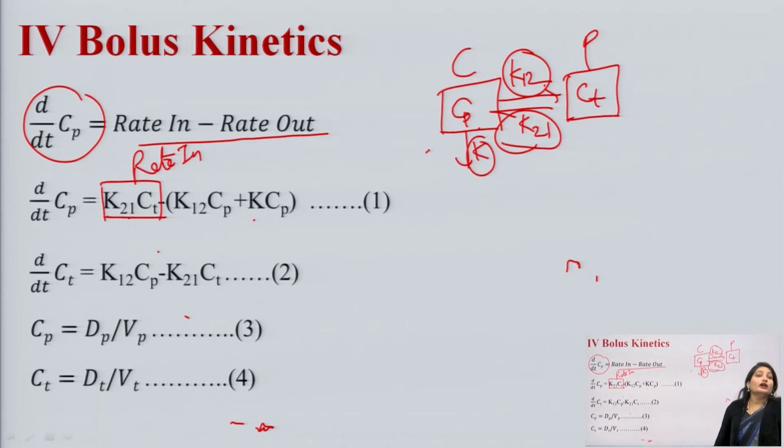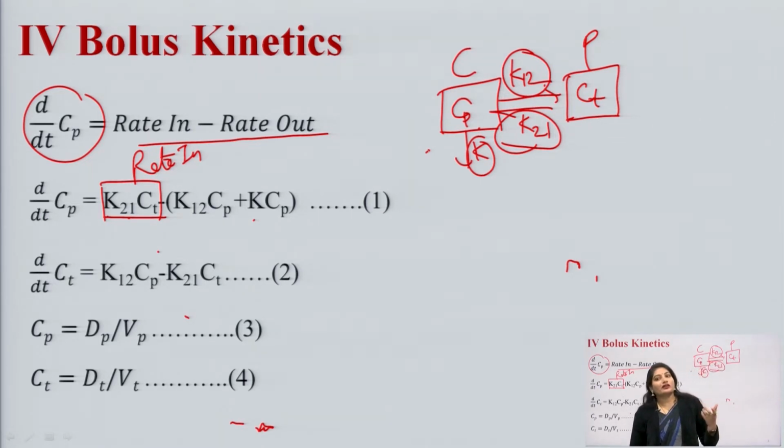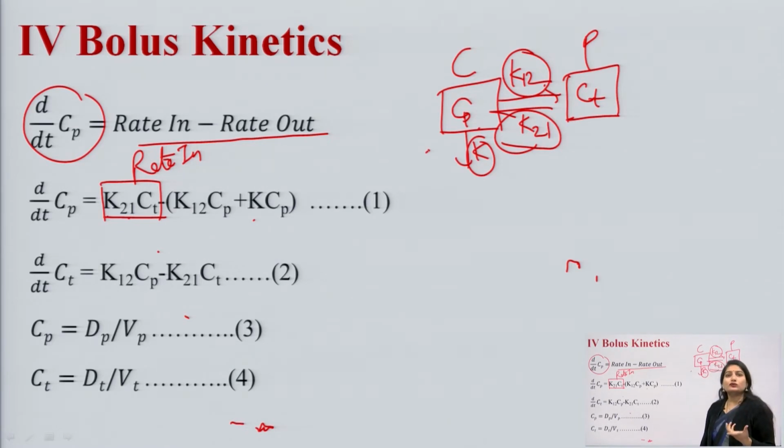Okay. Now, if we want to measure the rate of change in plasma drug concentration in the peripheral compartment, then this rule will also apply, that is rate in minus rate out. Okay. In the peripheral compartment, the drug is coming from the central compartment with the help of constant K12.